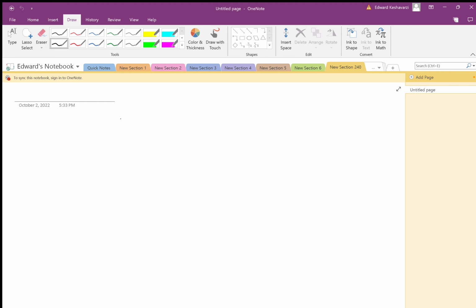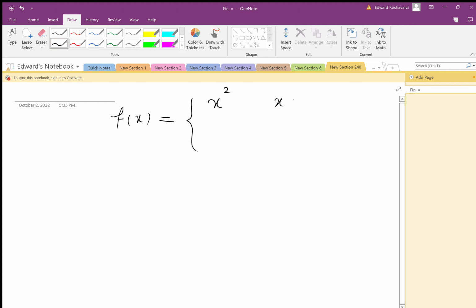So suppose that f of x is x squared when x is not 1, and at 1, f is defined to be 2. I want to know if 1 is a removable discontinuity or is not. So I'm going to calculate the limit when x approaches 1.